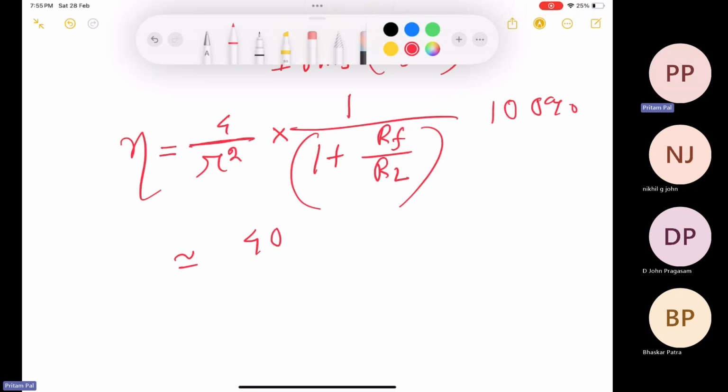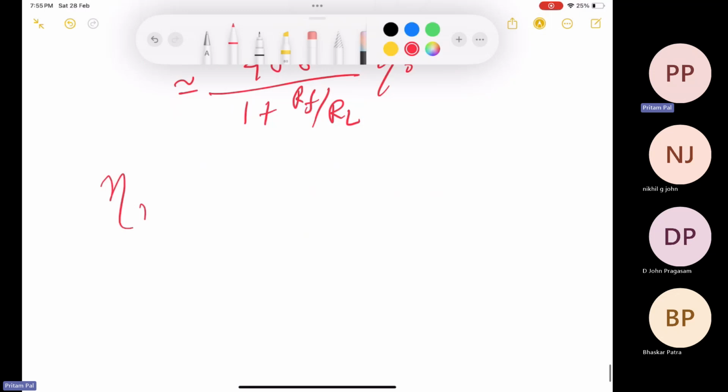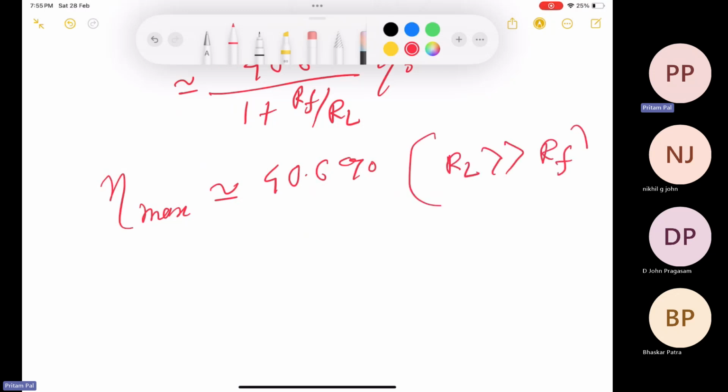Roughly, it will be 40.6 divided by 1 plus RF by RL percent. So the maximal theoretical efficiency, eta max, is close to 40.6%, where your load resistance RL is much greater than RF.